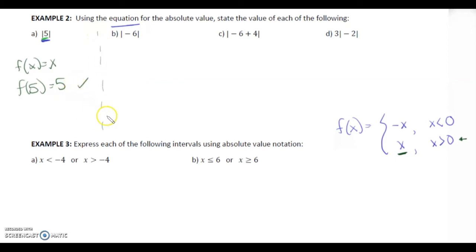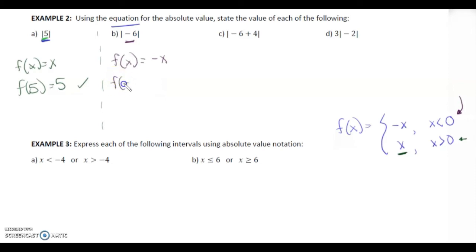Because of the simplicity of this, I find it a little bit confusing. So let's try B. What's the absolute value of negative 6? Well, locating negative 6 in the domain of this piecewise function, we know that negative 6 is less than 0. So it's going to land here. So we have our function f at x equals negative x.